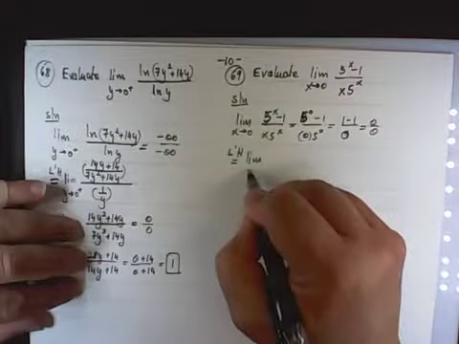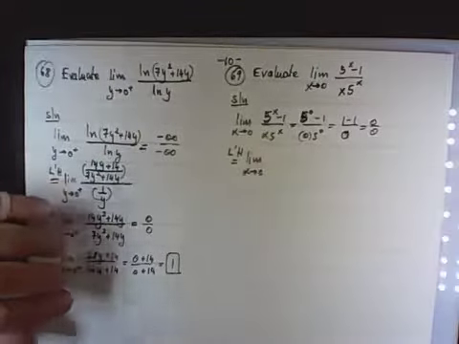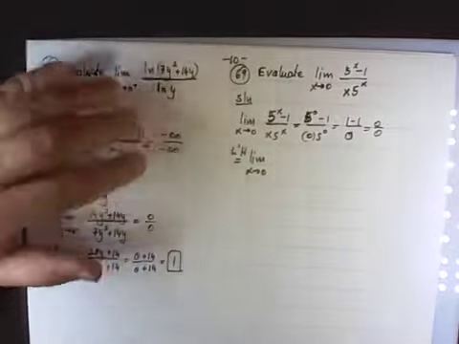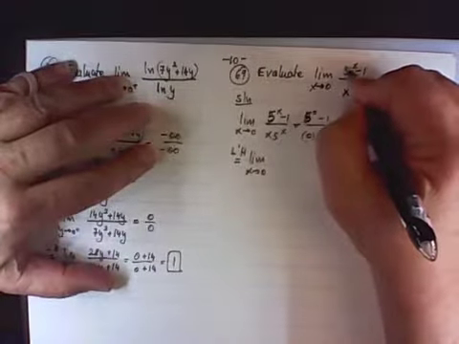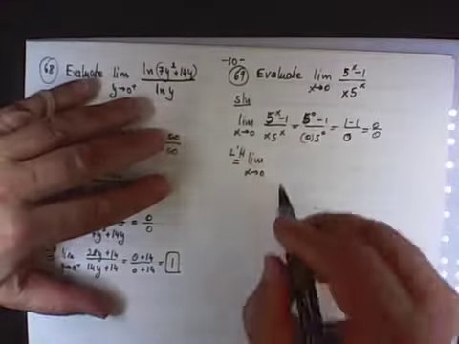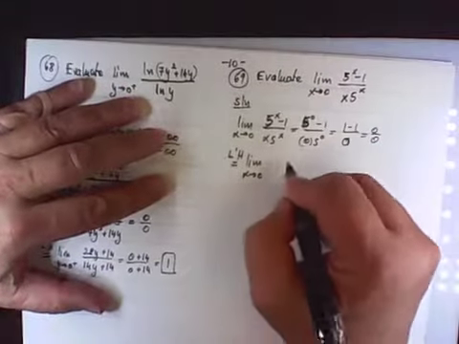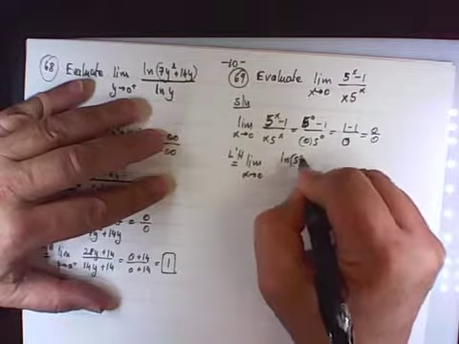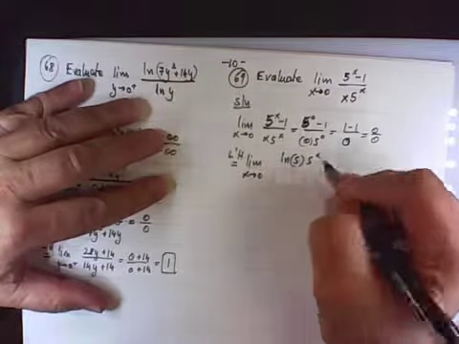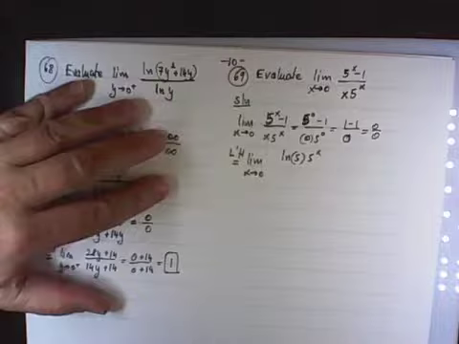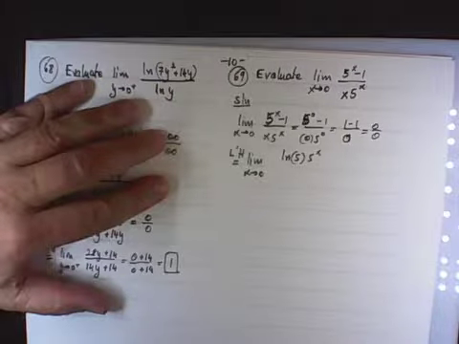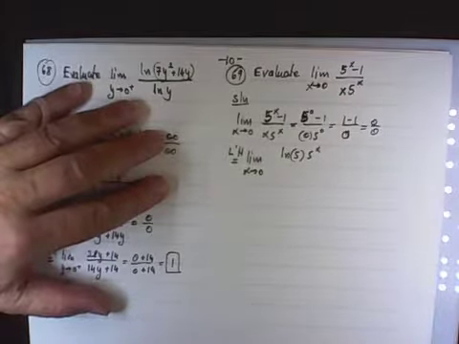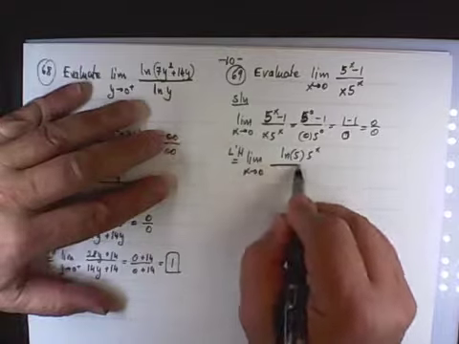So the limit is x approaches 0, and take the derivative of 5 to the x. Well, 5 to the x, the derivative, anybody remember? Natural log of 5 times 5 to the x. The denominator, we need to use product rule.